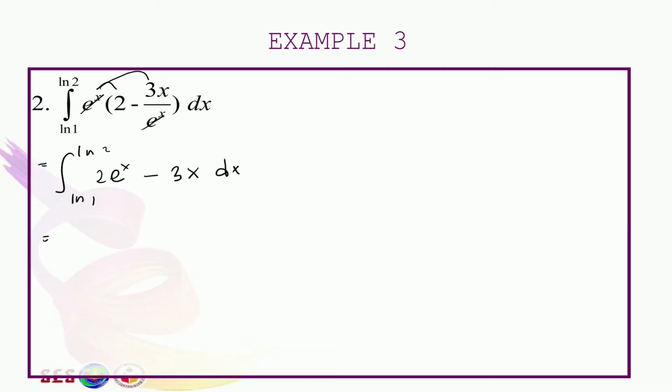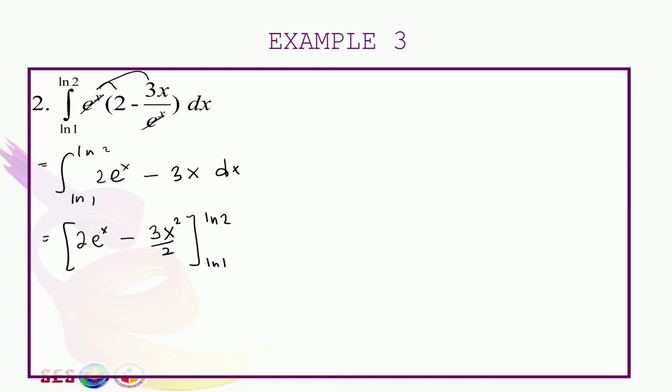We can start to integrate. Integrating 2e^x is equal to 2e^x, and then for 3x, integrating 3x is equal to 3x to the power of 2 divided by 2, and don't forget the limit is ln 1 until ln 2.